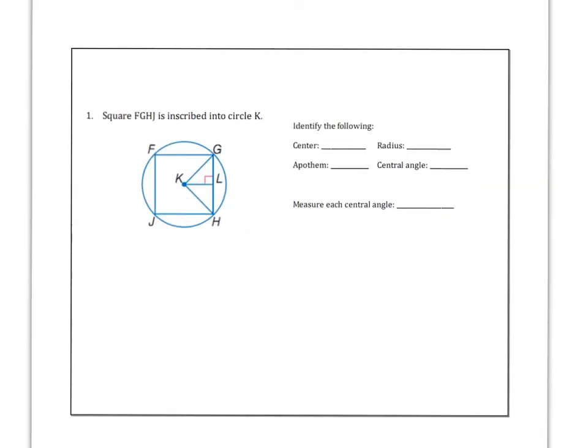Let's take a minute and identify some parts that you see here in this picture. The center of both the polygon and the circle, in this case, is K. A radius is part of a circle. It starts at the center and goes to the edge. So for instance, KG would be a radius. Also KH is another radius. Make sure you put the segment bars above them.